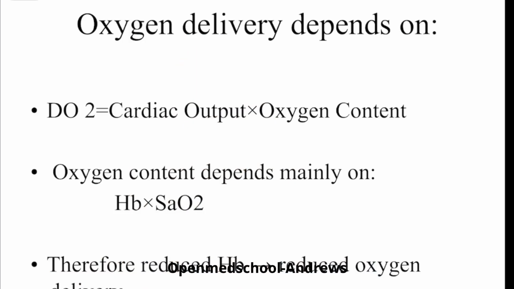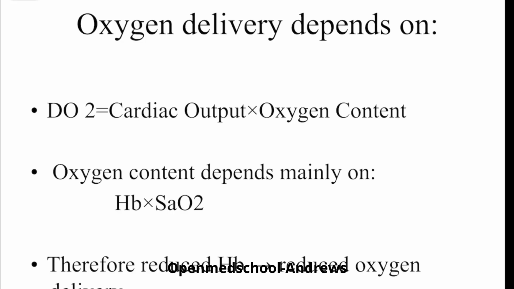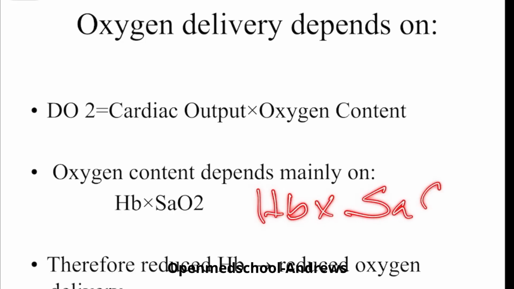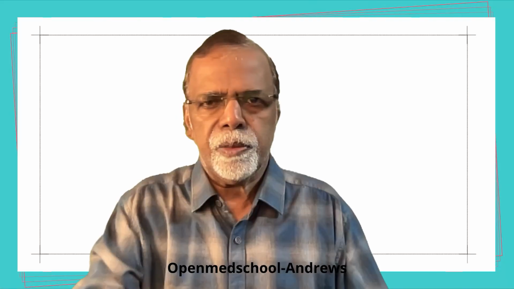Oxygen delivery depends upon the cardiac output times the oxygen content of the blood. Oxygen content can be calculated by multiplying hemoglobin by the SaO2. This is the basic physiology that you should keep in mind.